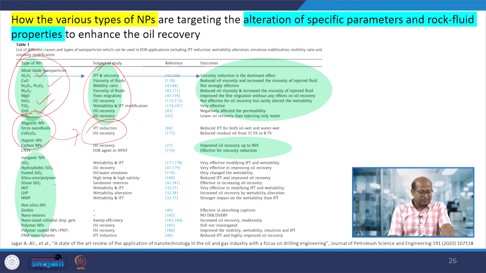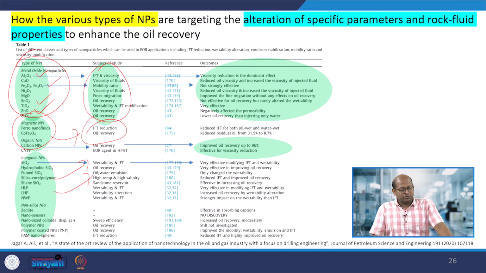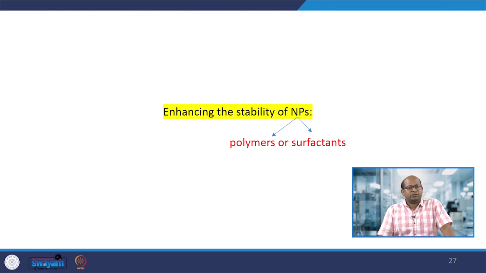That changes the interfacial tension as well as the wettability and increases oil recovery from the reservoirs. Different types of materials, organic, inorganic, metal oxide nanoparticles, any of these we can use, and depending upon which fluids and which reservoirs we are using, we can choose the nanoparticles and prepare nanofluids for this purpose.